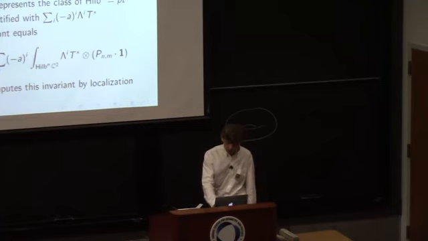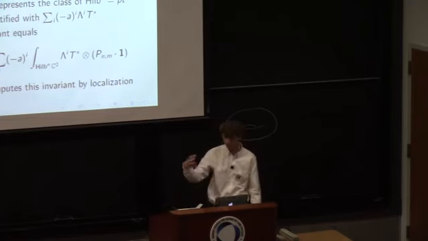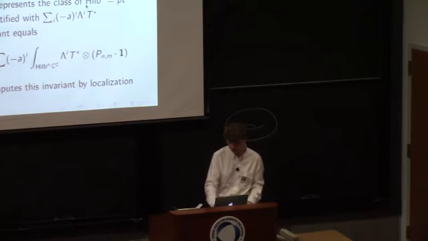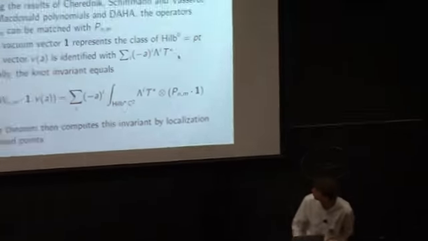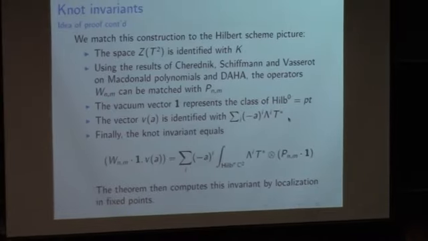And this S applied to vacuum, so this thing coming from the second solid torus, can be identified with an explicit sheaf on the Hilbert scheme, which is just a generating series for exterior powers of the dual tautological bundle. So the invariant equals the pairing of this P_{m,n} or W_{m,n} applied to 1 with this vector.